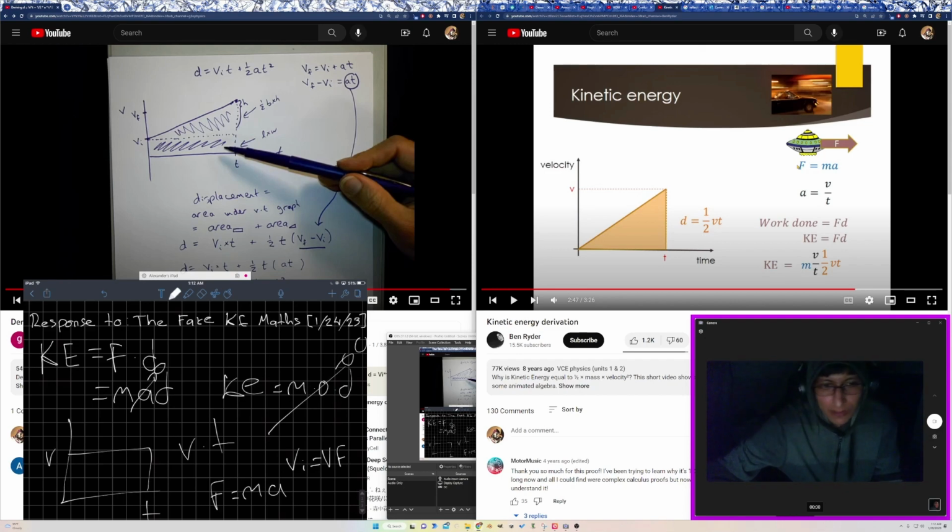So I don't see how they can say that the object has the force kinetic energy. How does it own the force any more than an object owns force through ma? It's a thing that is applied.